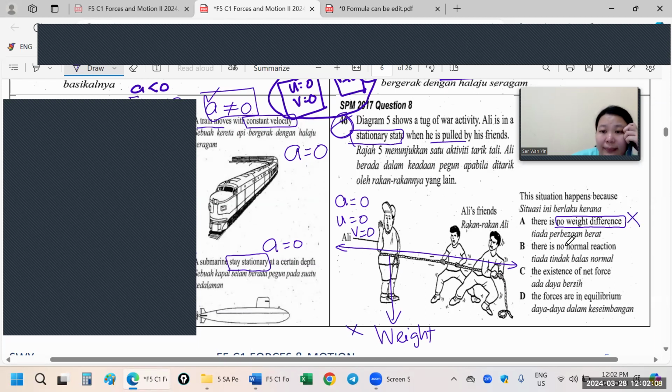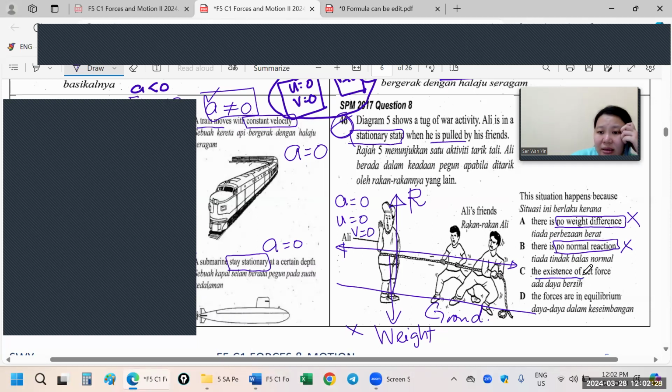So wrong. There's no normal reaction? Impossible. This is the ground, this is the land. Sure got your normal reaction. The forces up and down, we don't care. We want the force left and right.